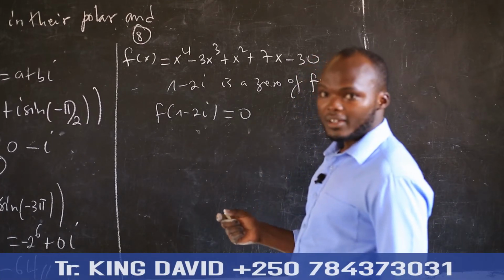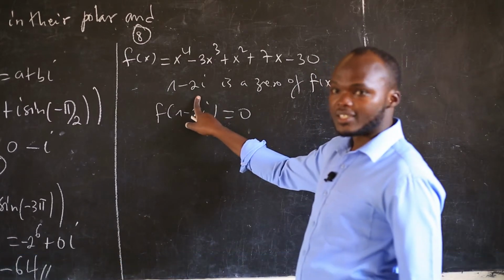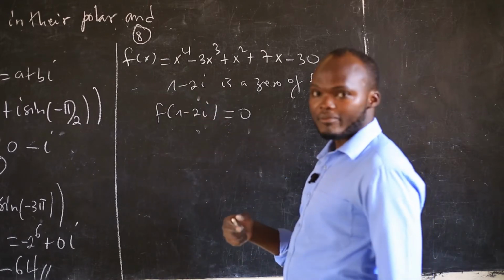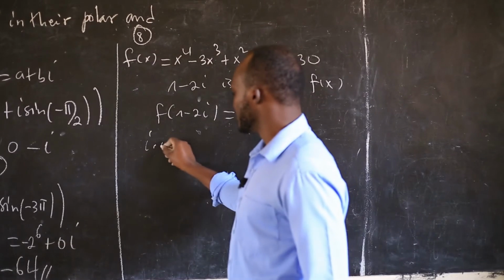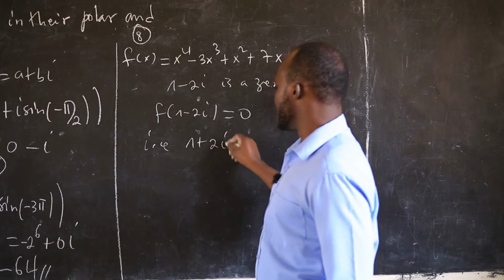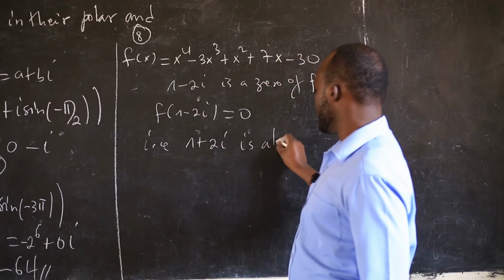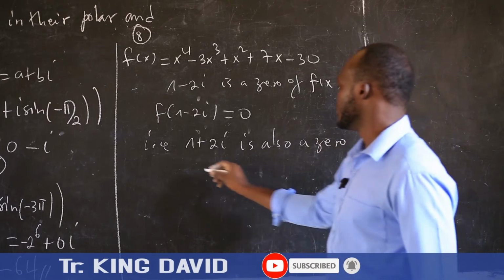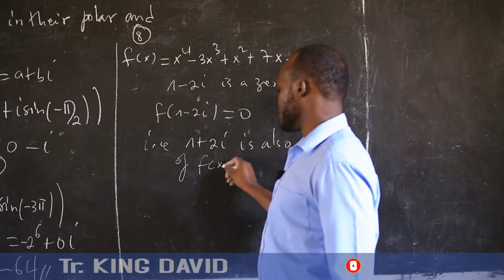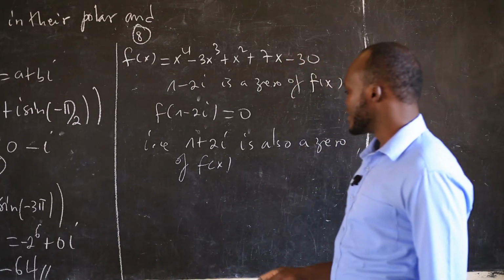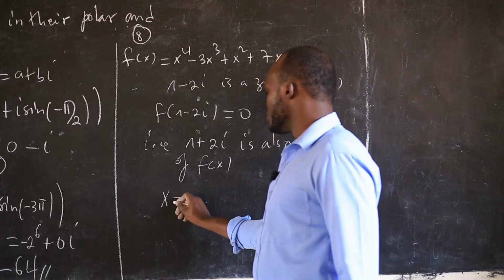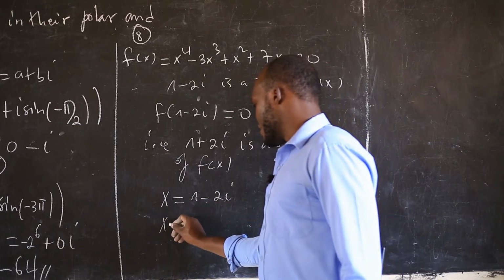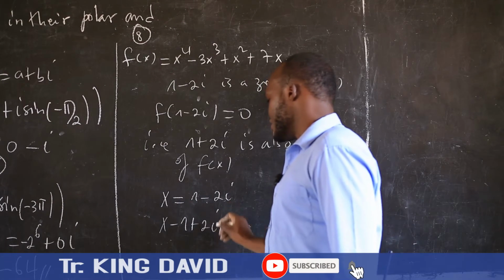In a complex number, when you give any one root as a zero of that polynomial, the second root is the conjugate of that one. So that is to say, 1 plus 2i is also a zero of f(x). So which means that x equals 1 minus 2i. This is the root. So then x minus 1 plus 2i is a factor.